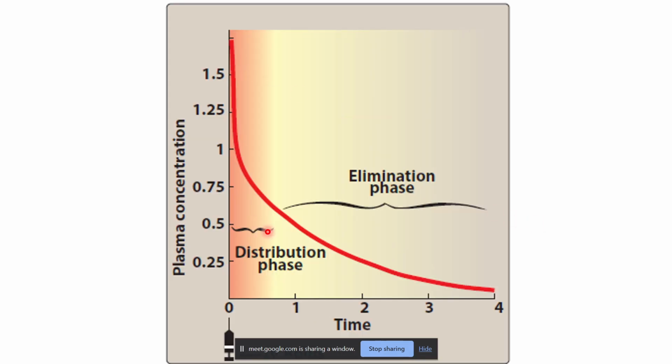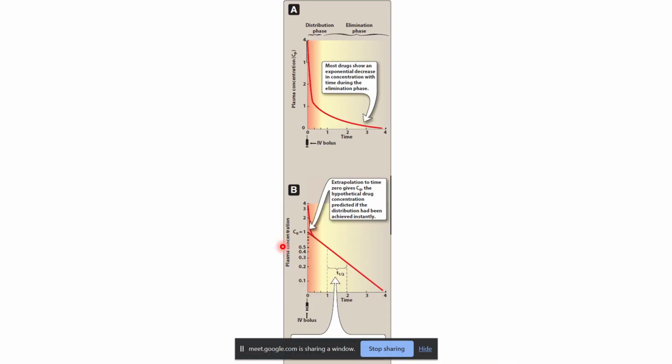Most drugs have this type of distribution. However, this is actually called exponential distribution, but some drugs will show a straight line, so it's not exponential, and they have zero elimination time.